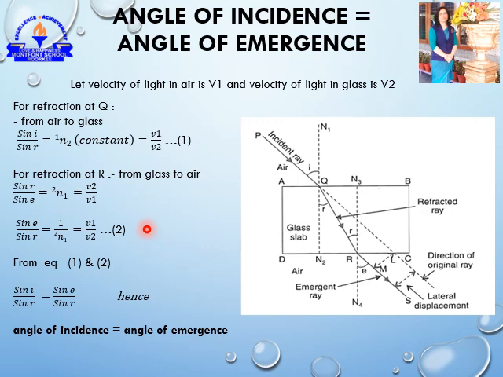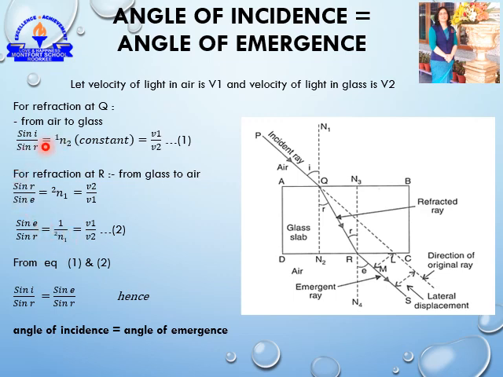We are going to equate now equation 1 and equation 2, as the right hand side of both the equations are the same. It is V1 upon V2 here. Right hand side of equation 1, and right hand side of equation 2 is V1 upon V2. So if right hand sides are the same, their left hand sides will be equal too. Now equate these left hand sides of equation 1 and equation 2.